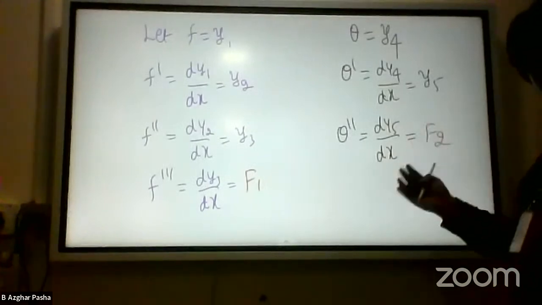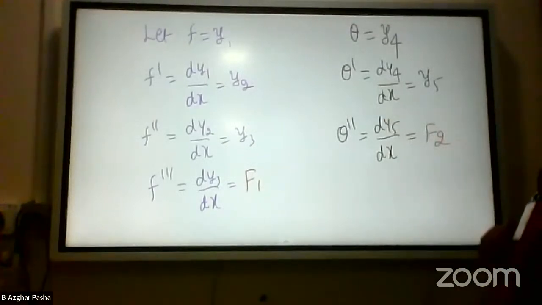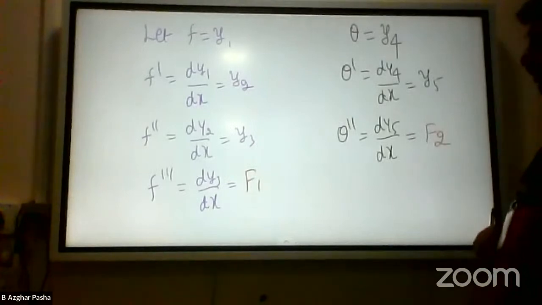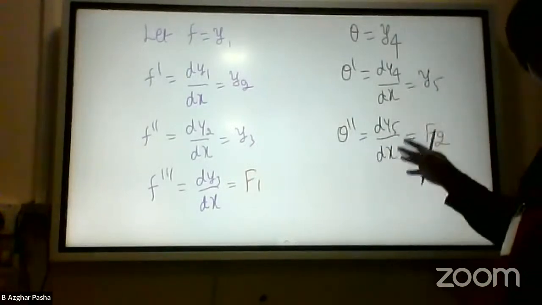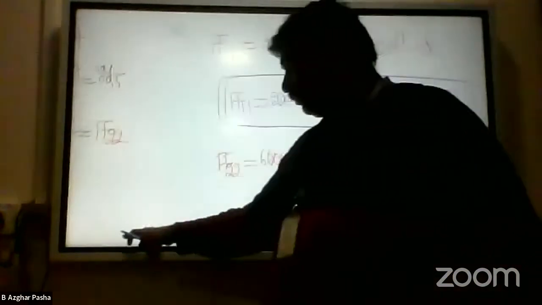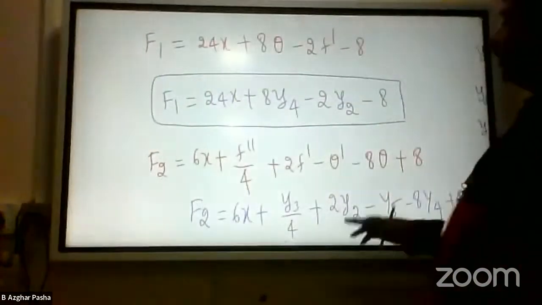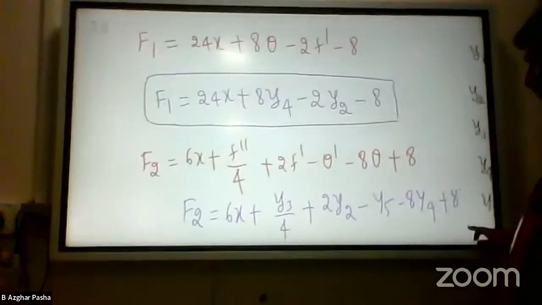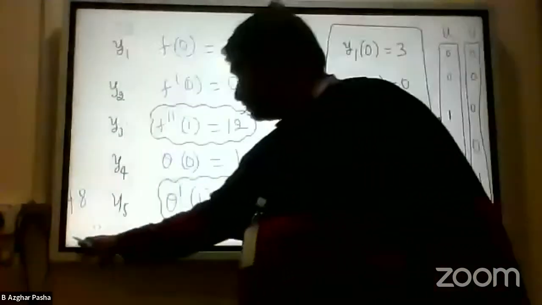So there will be counterparts, u1 to u5, v1 to v5. Means a total of 15 first order differential equations will be there now. I have written f1 and f2 in terms of yi's like this.